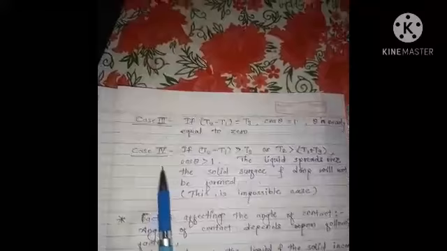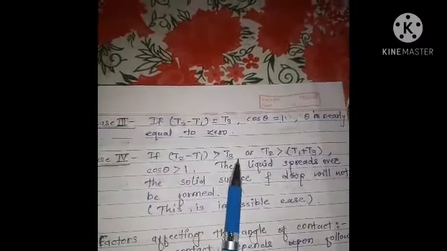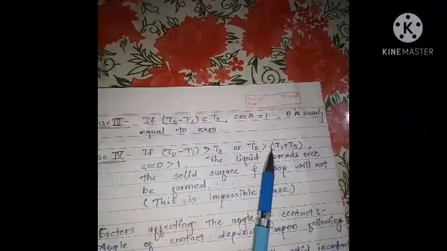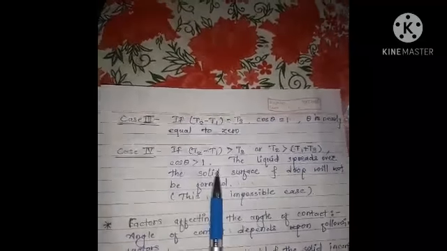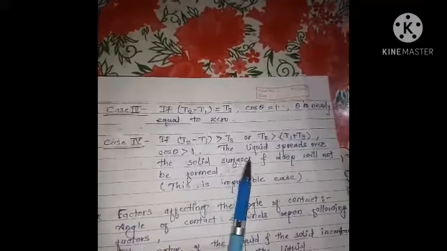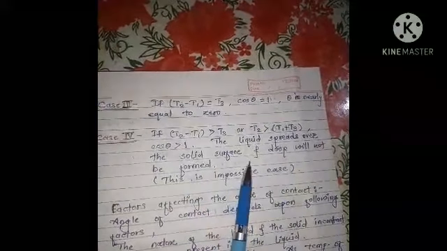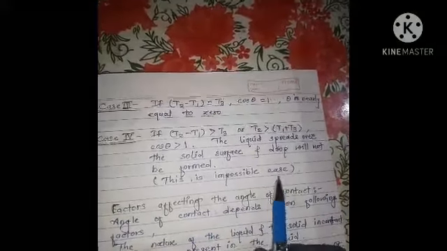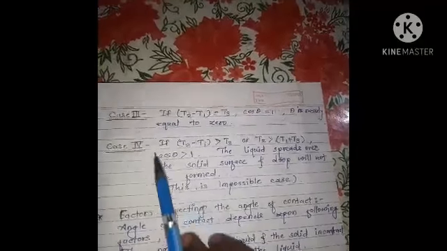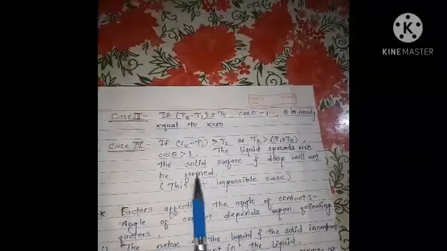Now the last case: if T2 minus T1 is greater than T3, or T2 is greater than T1 plus T3, then cos theta is greater than 1. For this case, the liquid spreads over the solid surface and drops will not be formed. This case is not possible in practice. This is an impossible case, a hypothetical case.